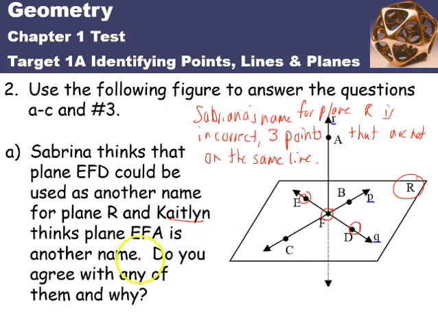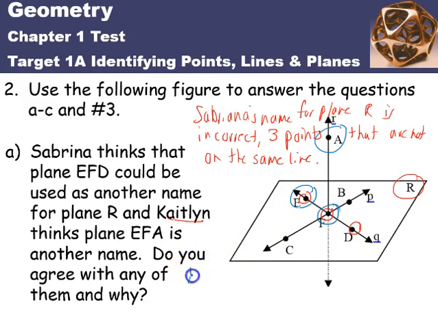Okay, well, Caitlin has a plan though too, so let's look at Caitlin's plan. Let me get another pen color for Caitlin's plan. Caitlin's plan is EFA, so let's check. E, F, looking good so far. A, I'm not seeing A. Oh, is A not a point? A is not on the plane. Oh, but here it is, off the plane. So that doesn't work because the 3 points have to be on the plane.